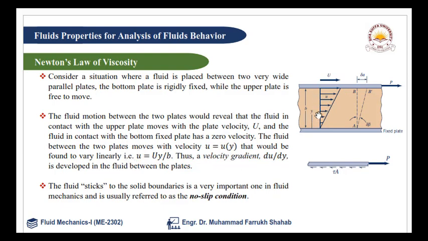So if the velocity is changing linearly, we can write that the velocity of the fluid is equal to capital U, which is the velocity of the plate with which the fluid at the top surface is moving, into y, the length in the y direction, divided by b, the thickness between these two plates. So this is the equation of the velocity profile.